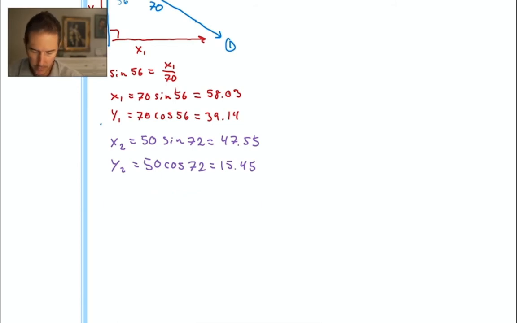And I'm going to take x1 and x2 and add them together. So that is 58. I have to turn my calculator on first. 58.03, making sure I'm adding the right values together, plus 47.55, and I got 105.58.